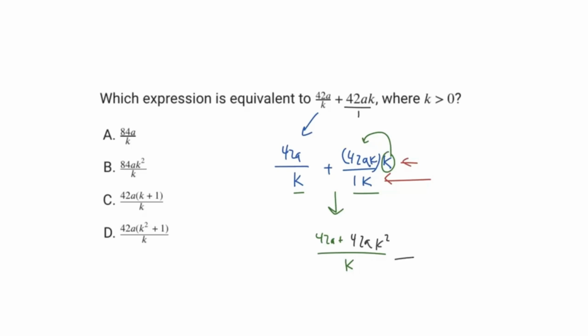All right, so now we need to factor out the greatest common value from the top. So that is going to be 42a, and 42a times 1 will give us this first value of 42a, and then plus k squared, which is going to give us 42a times k squared will give us the second value all over k.